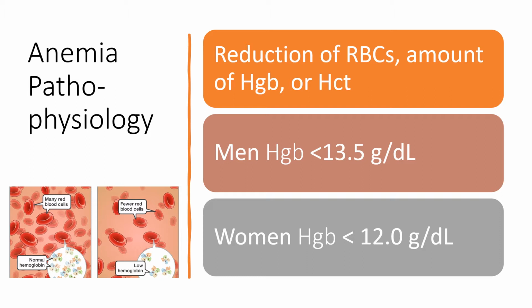Anemia is when you don't have enough red blood cells, enough hemoglobin carrying that oxygen for us, or not enough hematocrit. So it can be that they have the right number of red blood cells, but they're immature.